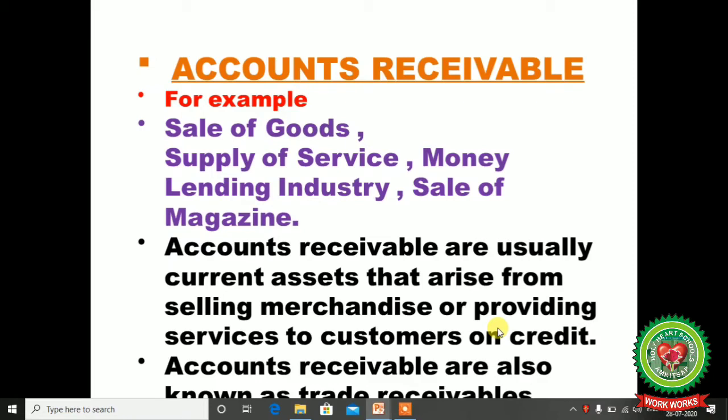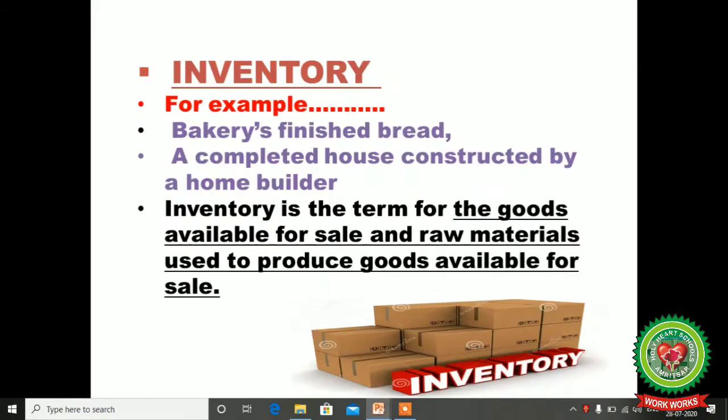So if you are providing your services, in return the customer or the consumer provides you the money. Likewise, if you sold the products, in return you receive the money. So these all items are considered under the accounts receivable.